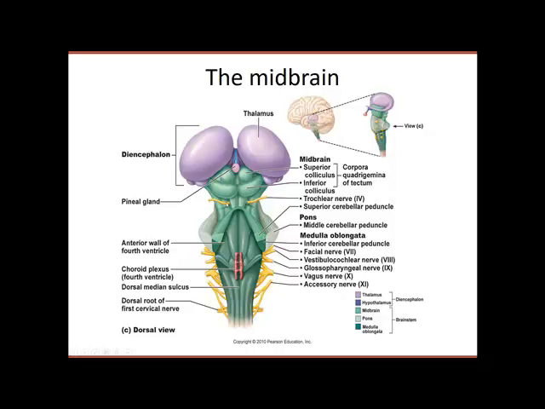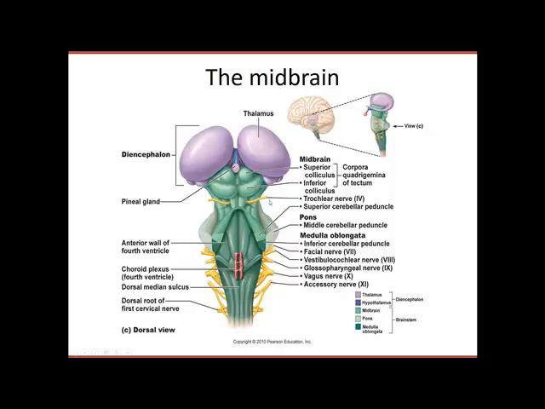Here's the rest of our midbrain down through here. Towards the back, our pons has been cut right here, so you see the edge of the pons being cut, and our medulla oblongata is down here. We see a little bit of our ventricle just because of the way this has been cut.